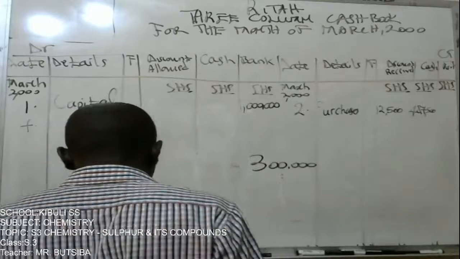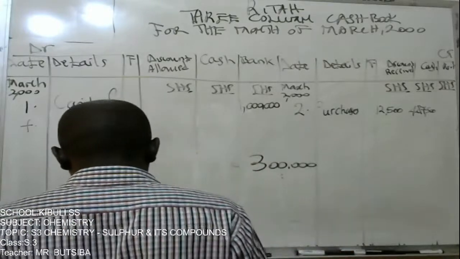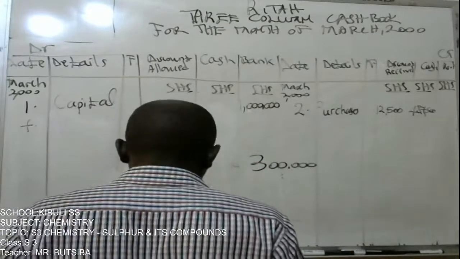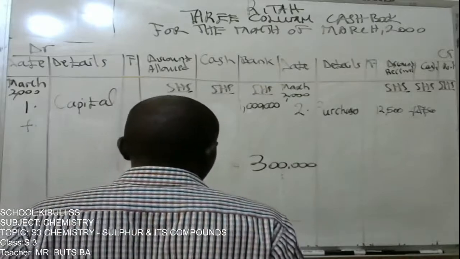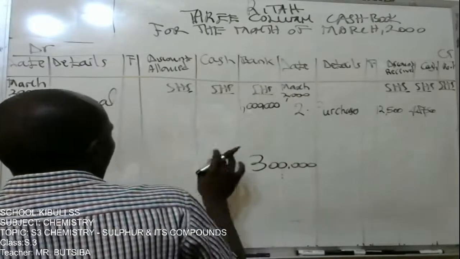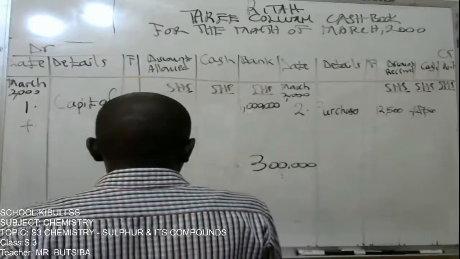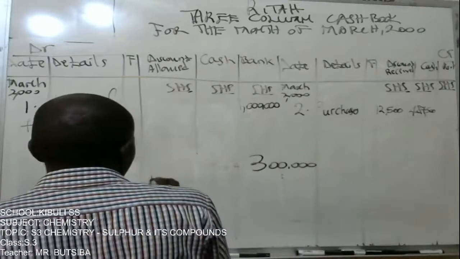Cash sales to date after deducting 10% discount were shillings 300,000. So we have our discount of 10%.